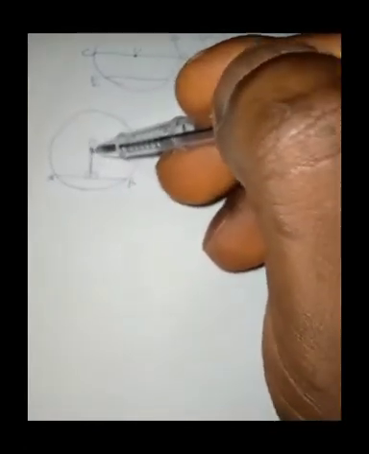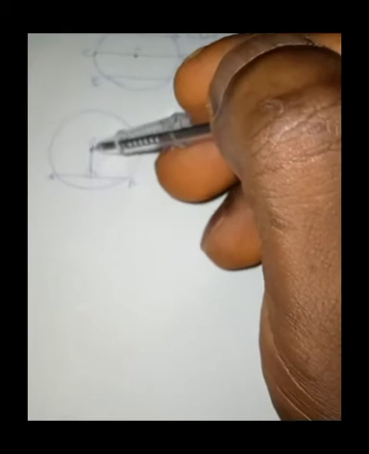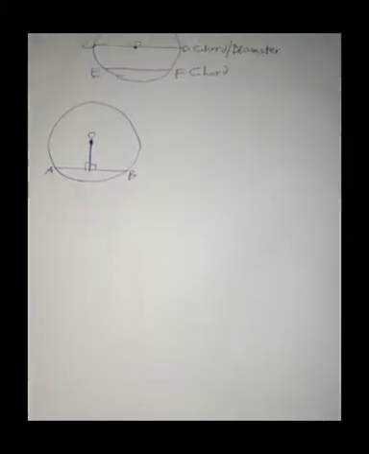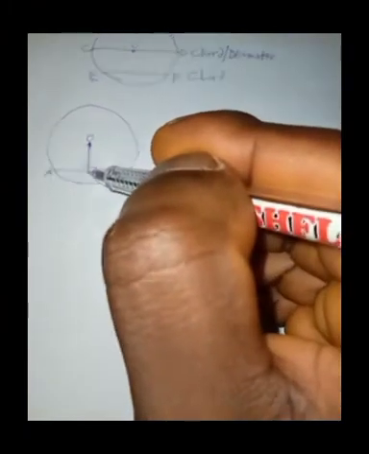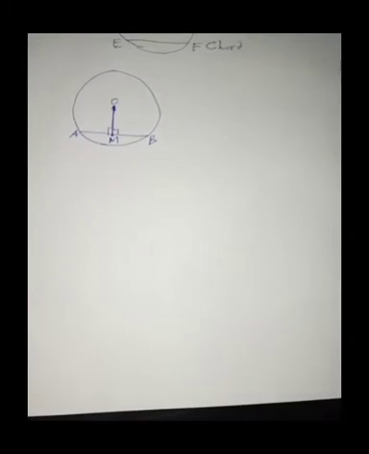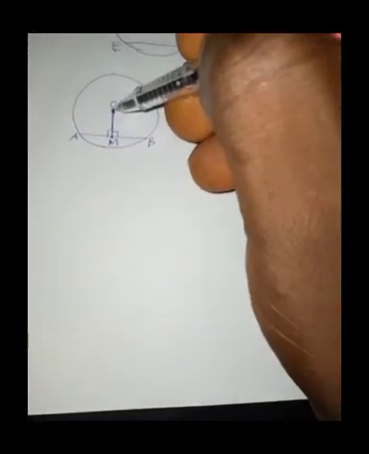This line can also be called the distance of the chord from the center of the circle. So let's label this point M. And let's join OB and let's join OA.